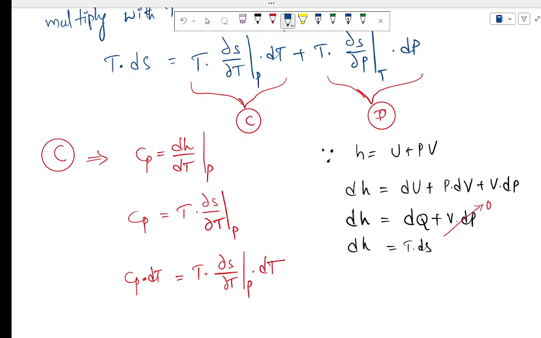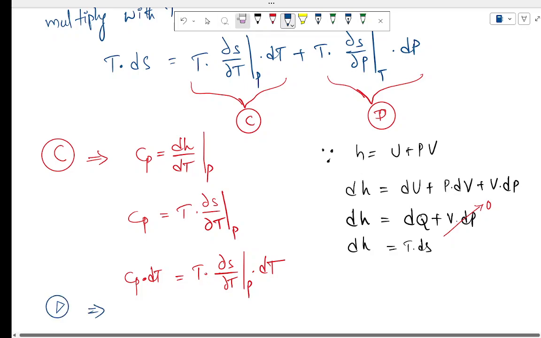Now I will proceed to my D. So for my D, I will do the mathematical transformation here. For this purpose, I will be making use of the Maxwell relation again. So it's appropriate to use the Maxwell relation 4 here.